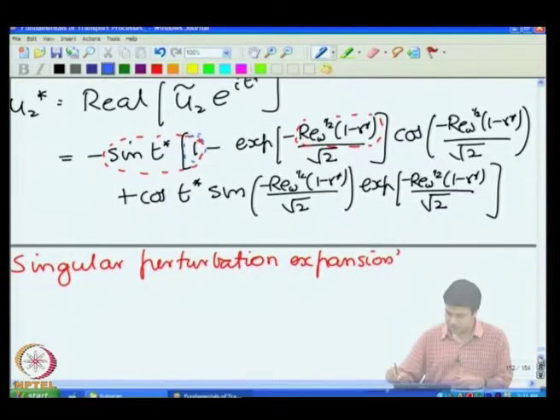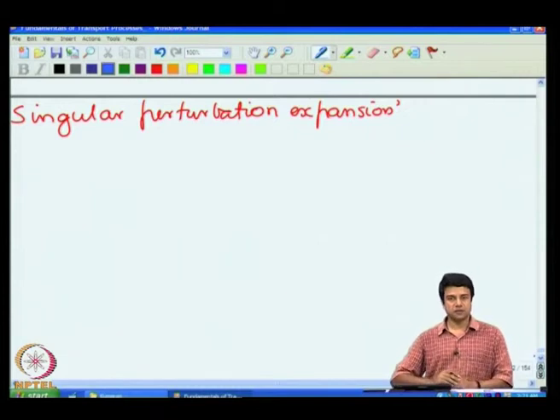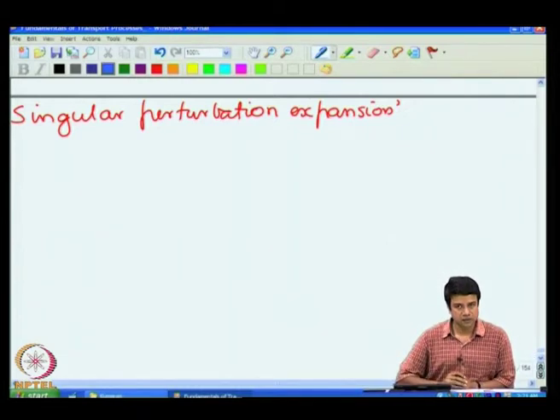This I showed you as an example of singular perturbation expansions. When the ratio of convection to diffusion, or inertia to viscosity, is large, simplistically one would think one can just neglect diffusion altogether and proceed. However, even though convection is large compared to diffusion within the bulk of the flow, when one comes very close to the surface, convection takes place only parallel to the surface.